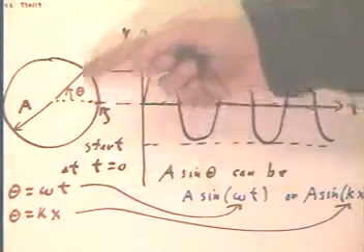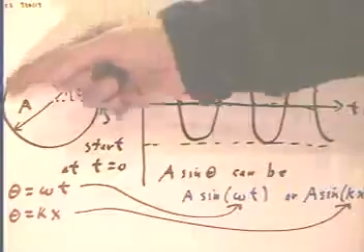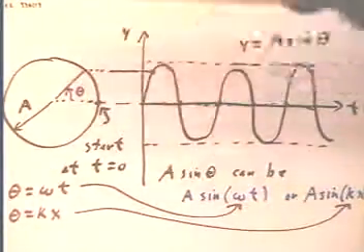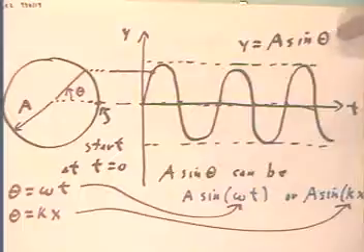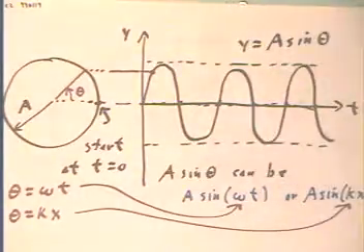But if this angle theta of the point that moves around the circle, the angular position theta, if the angular position is theta, then we're going to say that the graph we have here is the graph of y equals a sine theta. Now, actually we have t for the axis here.